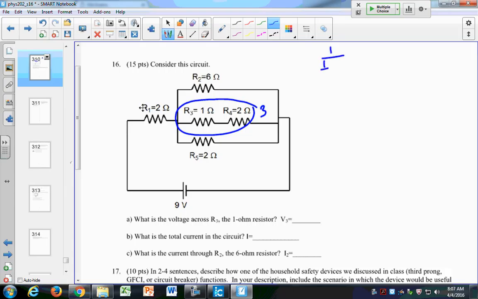So I'd have 1 over 3 plus 1 over 6 plus 1 over 2. That's 4 twelfths plus 2 twelfths plus 6 twelfths, that's 12 twelfths, that's 1. So 3, 6, and 2 in parallel is 1. And then I have a 2 and a 1. 2 ohms, 1 ohm, and the equivalent of that is going to be 3 ohms.